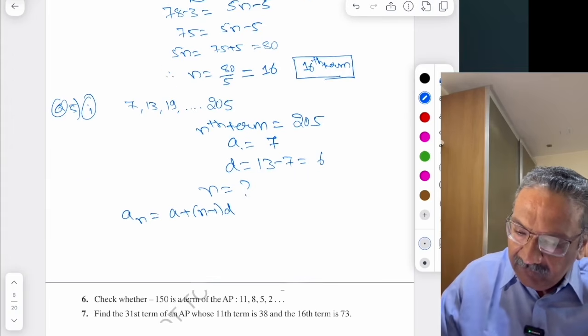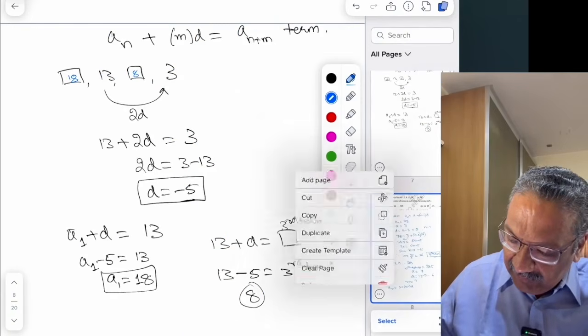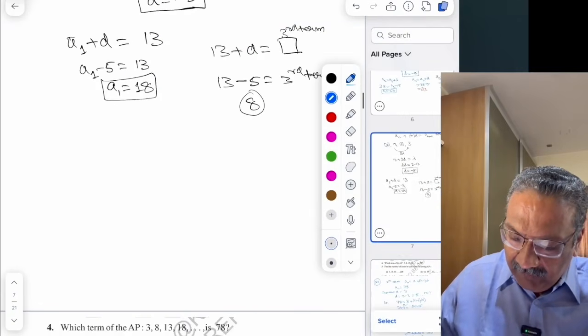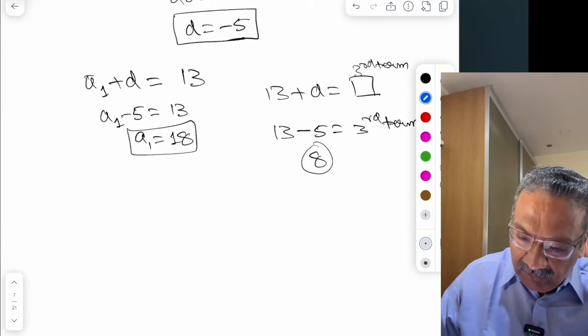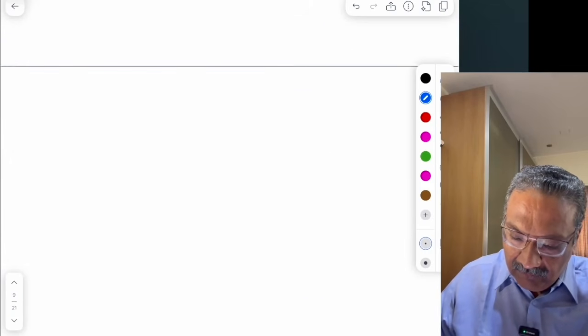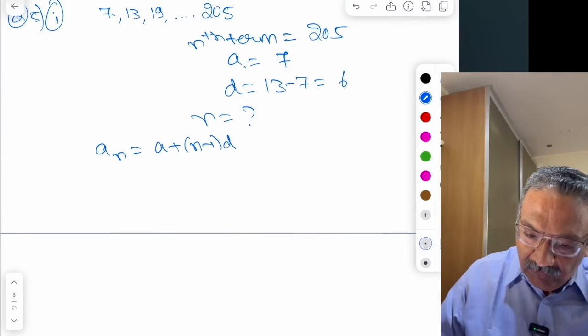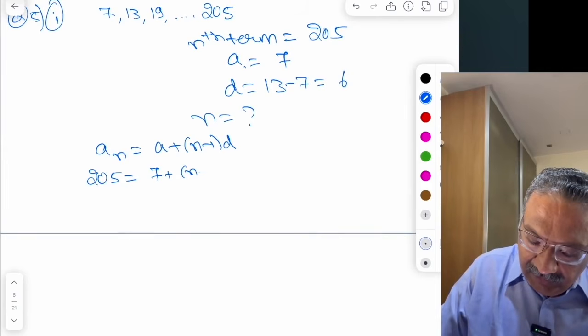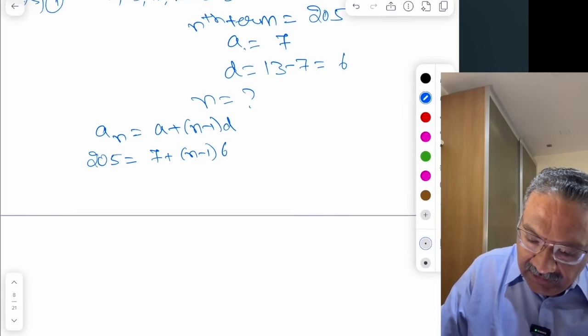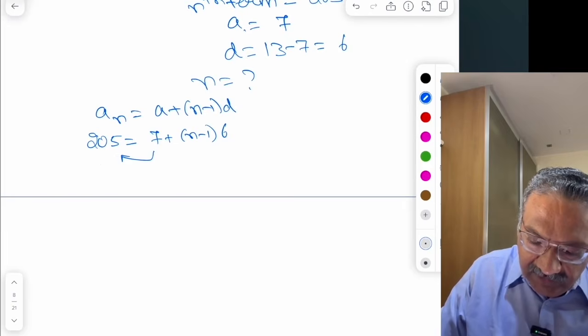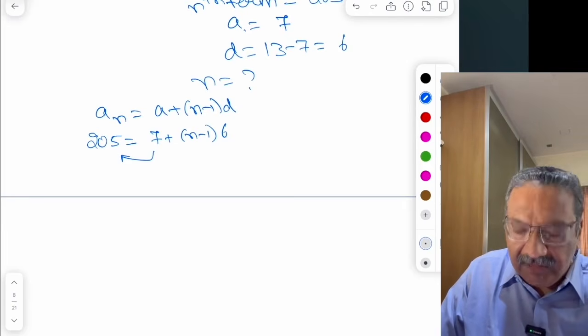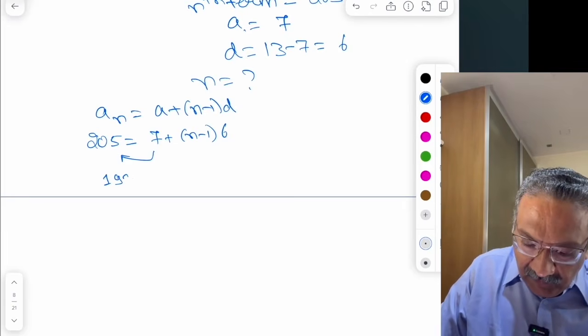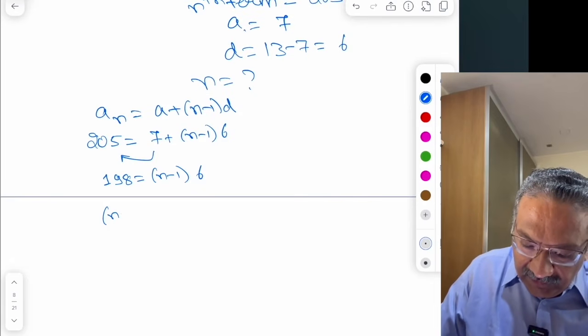So we have 205 is equal to a is 7 plus we don't know n, d is 6. 7 if it comes this side, it becomes 205 minus 7, which happens to be 198 is equal to n minus 1 into 6.